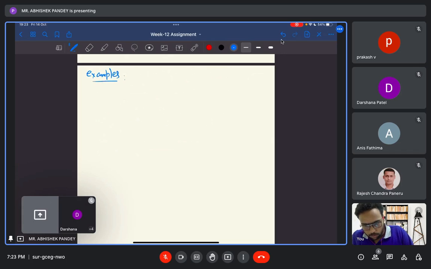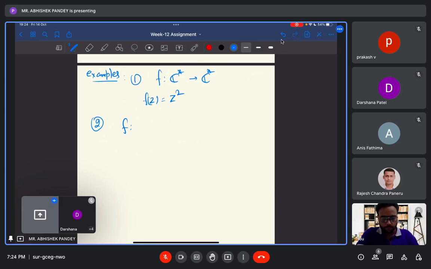Let us see f from C star to C star, the punctured complex plane, defined by f(z) equals z squared. Second one is f from C to C star defined by e to the power z. So basically these are the examples of covering maps.